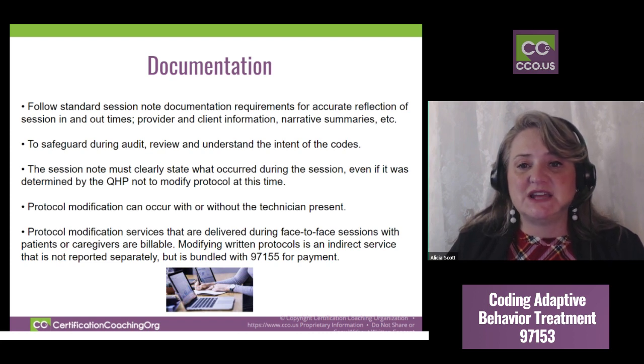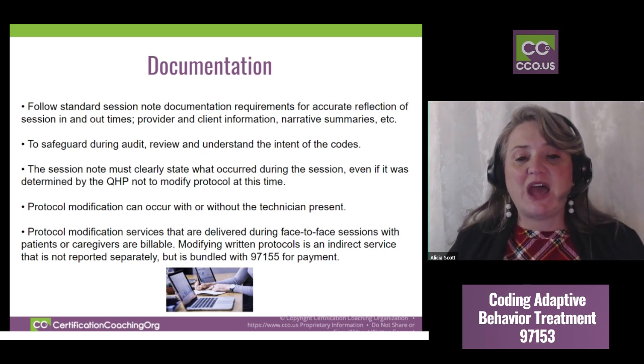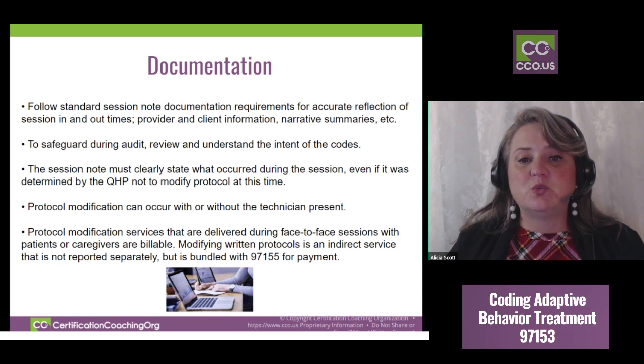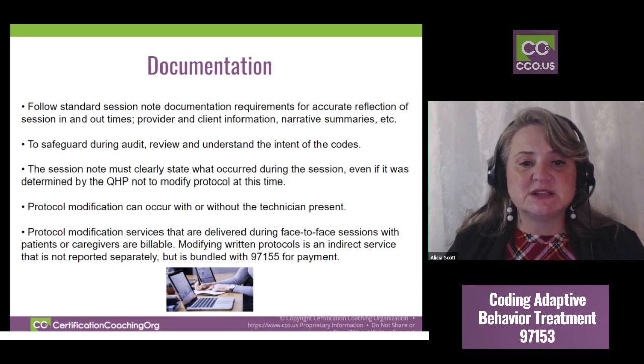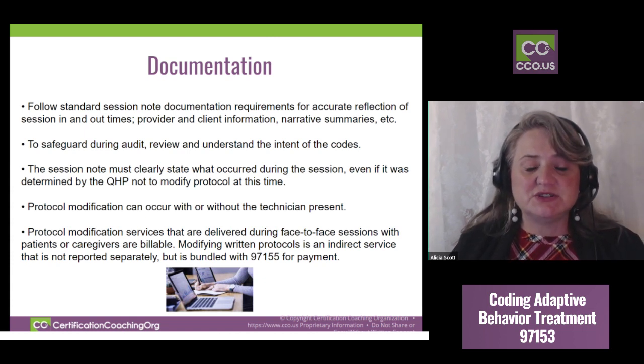Session notes clearly state what occurred during the session, a summary and stuff, and determined by the QHP not to modify protocol at that time, meaning that's all got to be documented if you decide not to do it. When you have a modification, it's with or without the technician present, and the services that are being done during a face-to-face session, the patient or caregivers are billable.